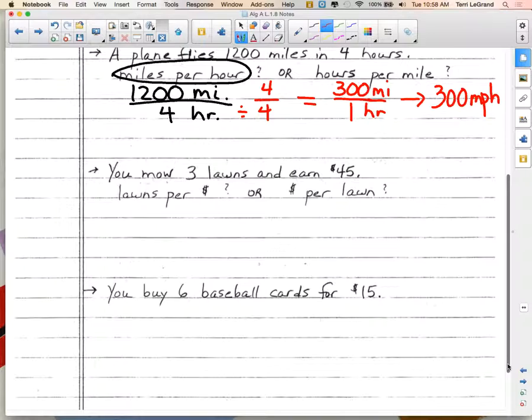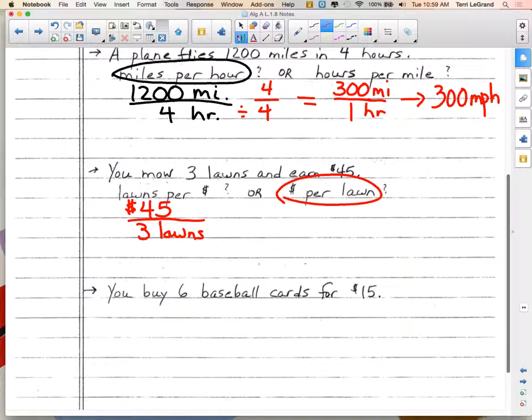Do you think you can even get paid a whole dollar, or even be able to do a whole lawn for just $1? I kind of doubt it. So let's go with this one. So that means we're going to put the $45 upstairs in our ratio and the 3 lawns downstairs, and we're going to use labels in our ratios, just like this. Don't leave them out. It won't count as having met the standard.